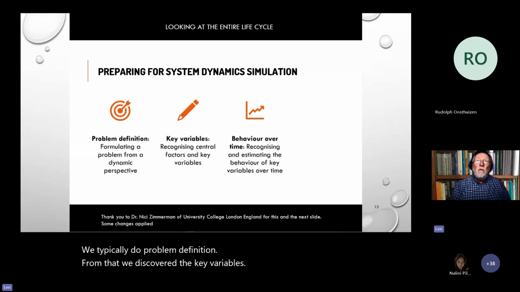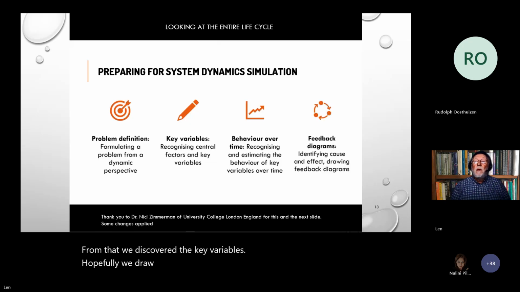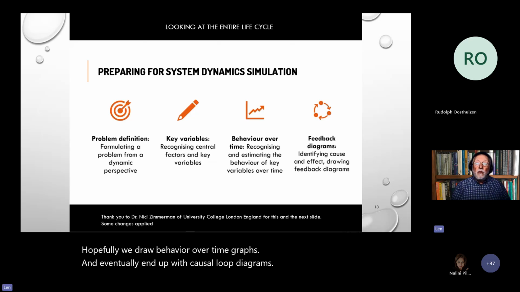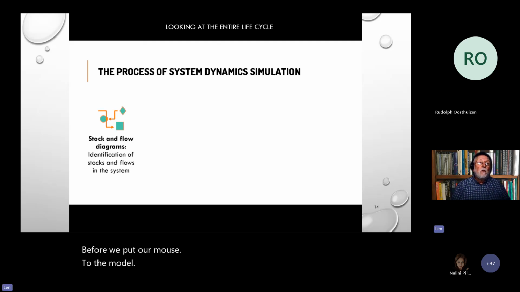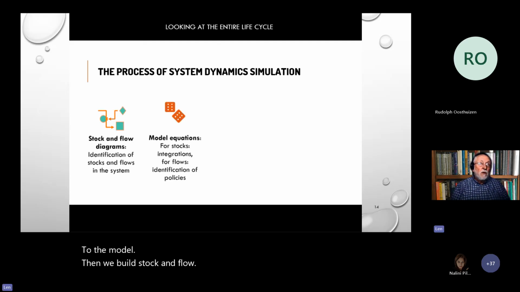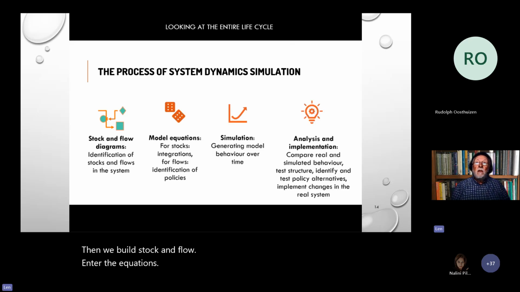Hopefully, we draw behavior over time graphs and eventually end up with causal loop diagrams before we put our mouse to the model. Then we build stock and flow, enter the equations, simulate, and analyze. Test, test, test, test.